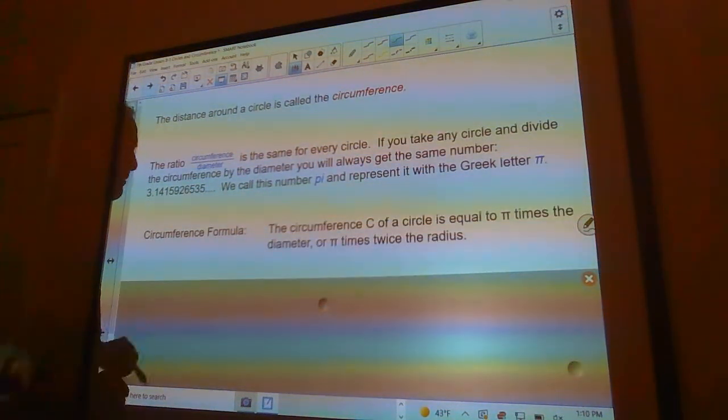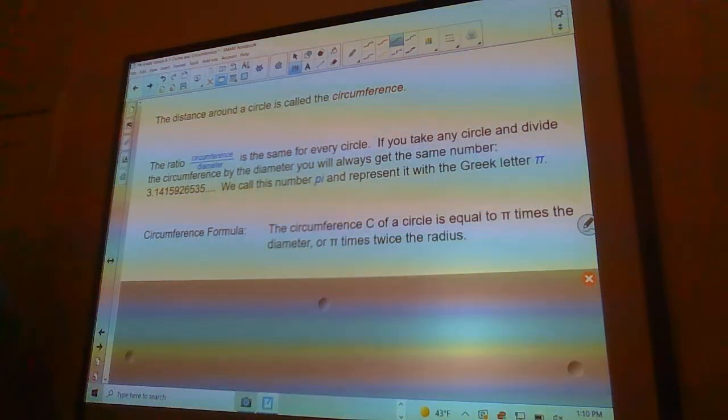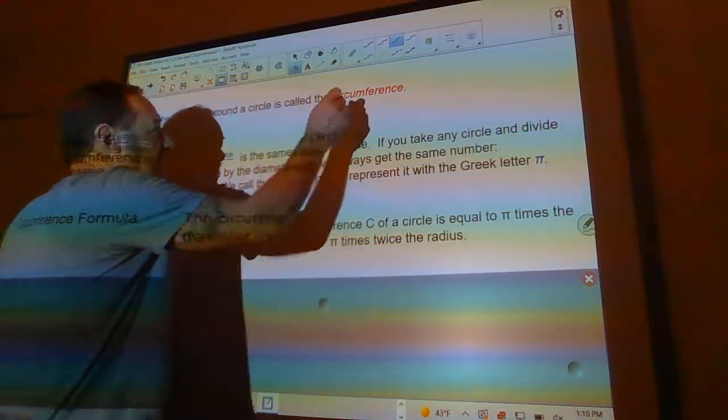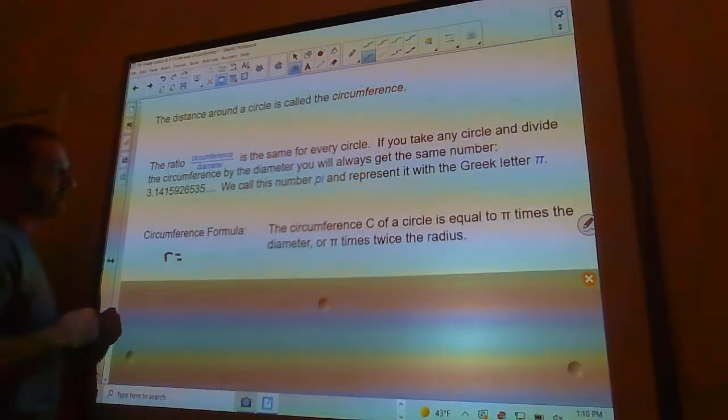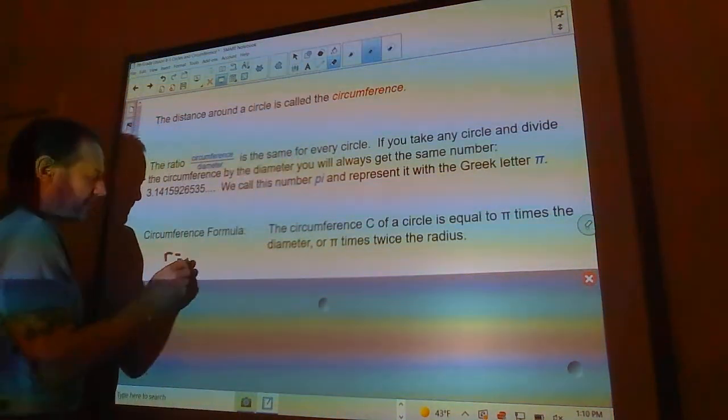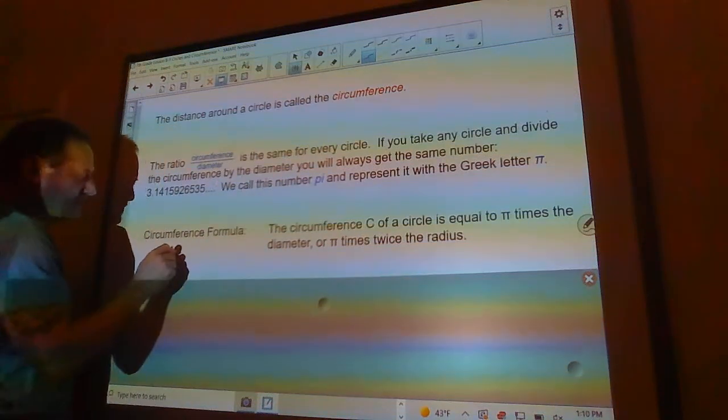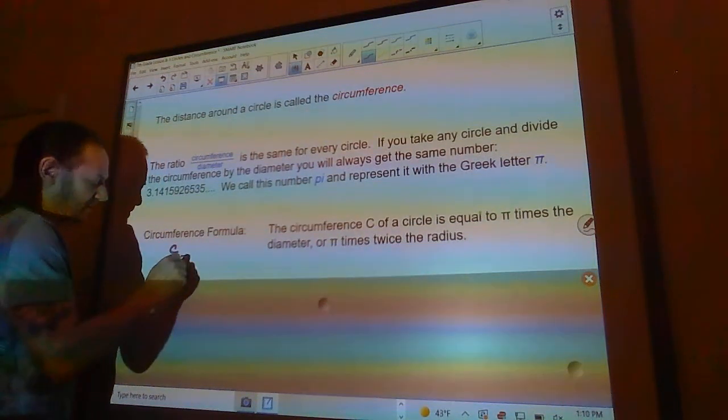So the circumference formula: the circumference C of a circle is equal to pi times the diameter. So here's what you get it from. The ratio of the circumference divided by the diameter is always equal to pi.